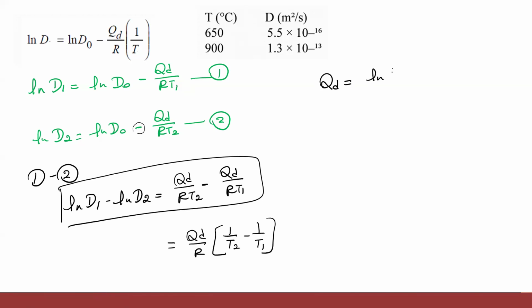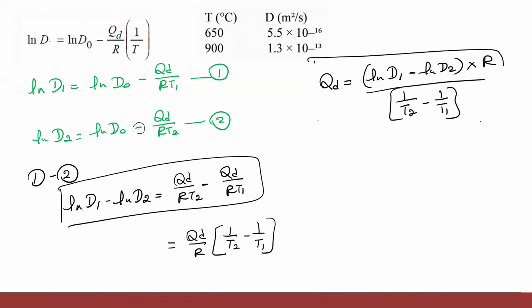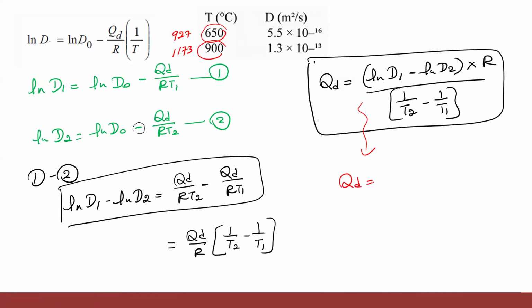You have ln D1 minus ln D2, you need to times that by R and divide by 1 over T2 minus 1 over T1. Is that right? So you just need to put in the values. When you are putting in the values, make sure that your temperature is in Kelvin. So you convert this to Kelvins, 923 and 1173. Yes, so can you guys find me this? I need to know this.